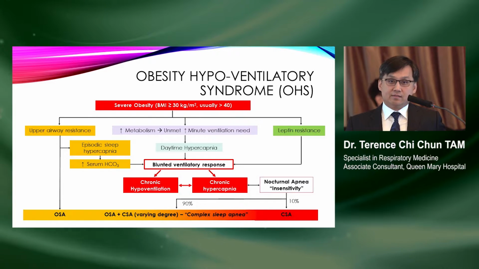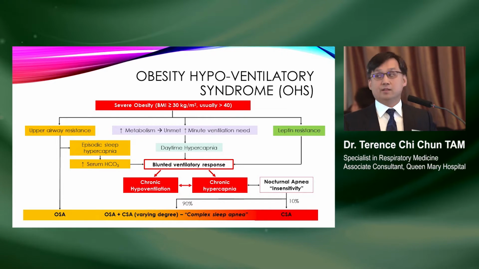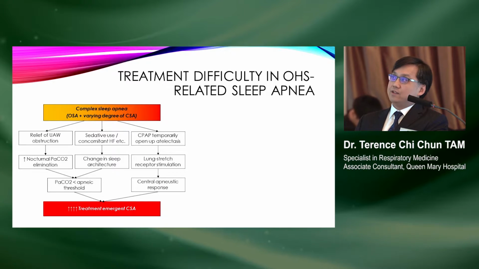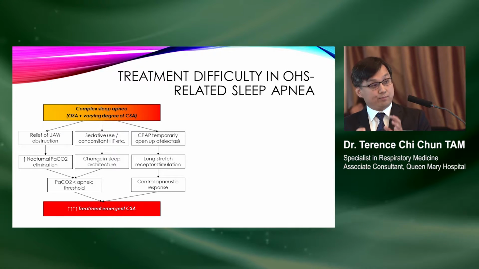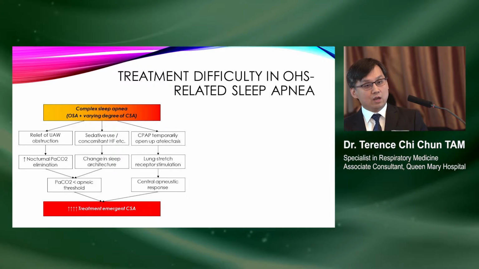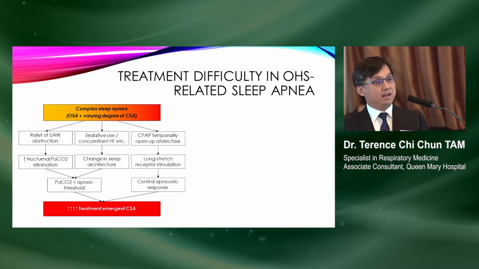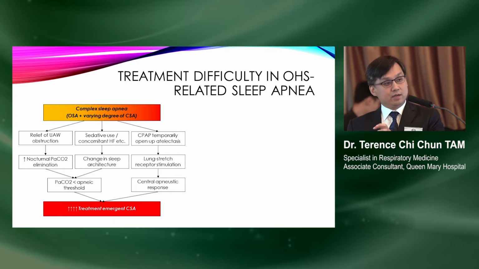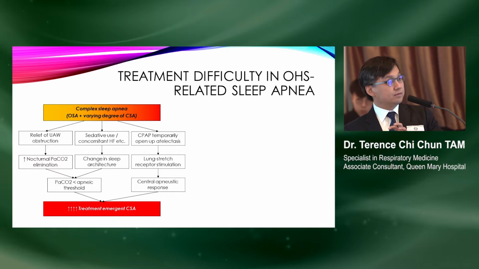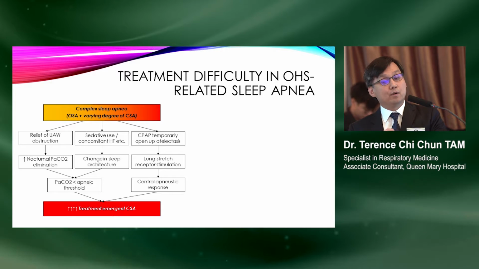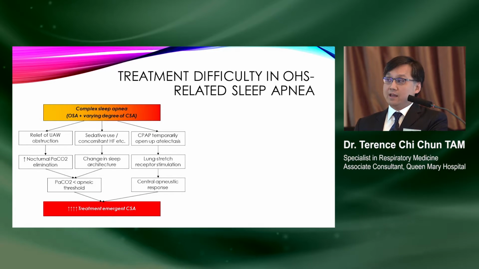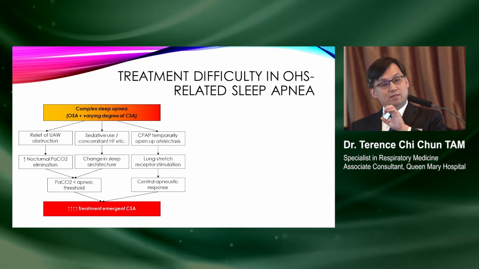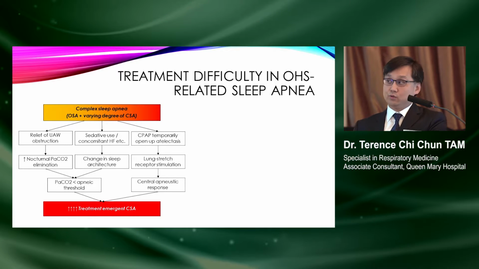Now, this is difficult to treat, because when you have this complex sleep apnea, usually they present to us on the PSG with a lot of obstructive sleep apnea and a little bit of central. But once we start treating the obstructive sleep apnea as usual with CPAP or positive airway pressure, you start helping them clear the CO2.